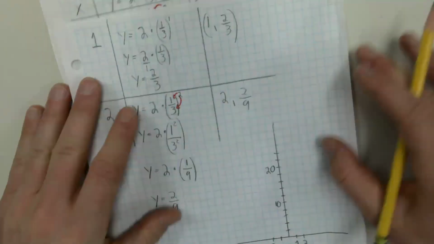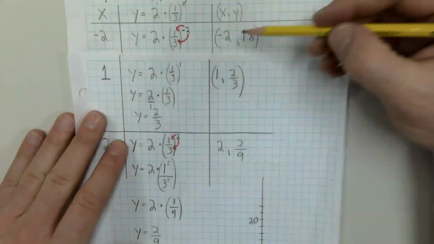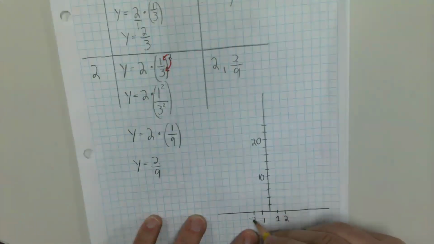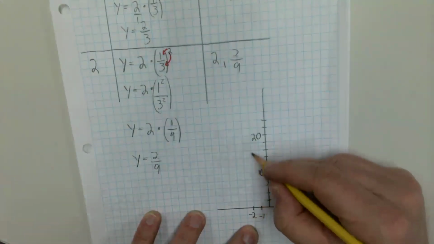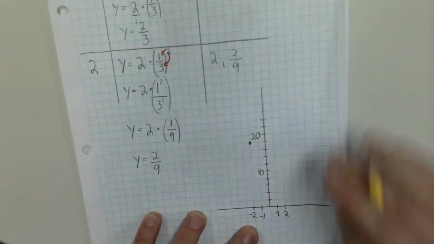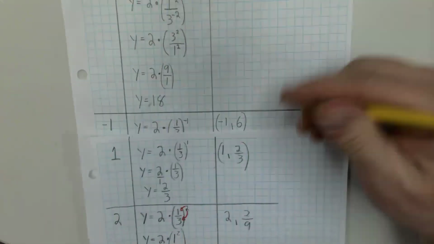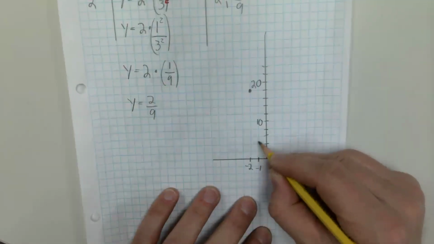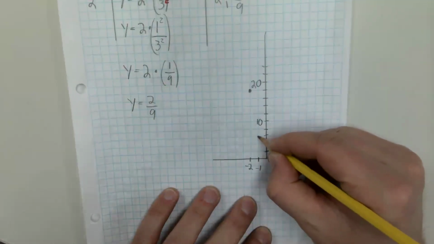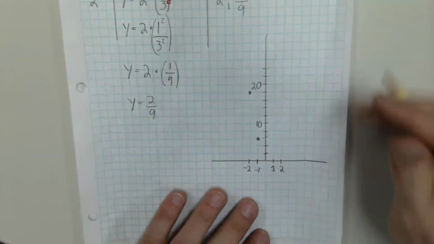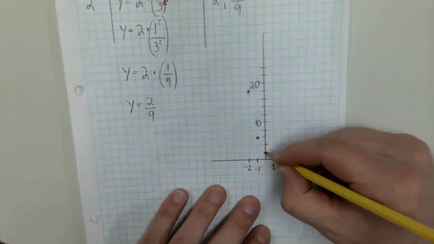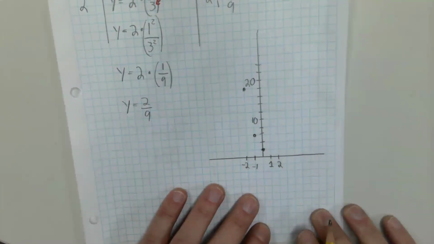So that first point is -2, 18, which is negative 2 up to 18. My next point is -1 comma 6, which is here. My next point is 0 comma 2, which is here.